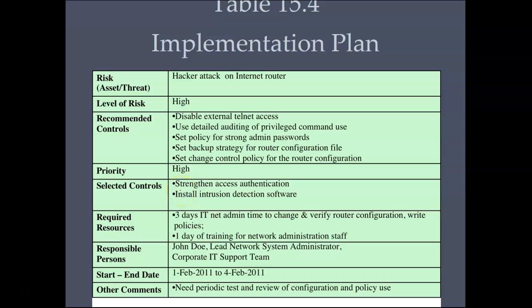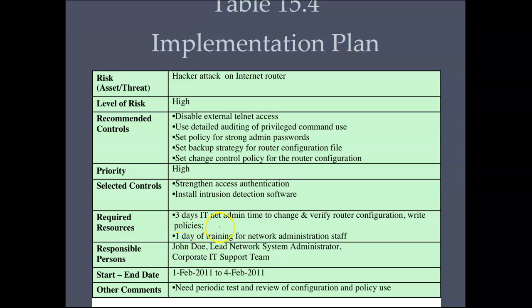So the selected control is to strengthen access authentication. We need to check the authentication process, and we also need to install an IDS, intrusion detection software. Required resources: we need 3 days of IT administrator time to change and verify the router configuration and to write the policies.